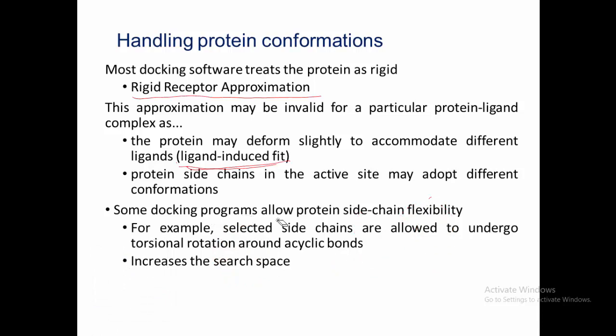Some docking programs allow protein side chain flexibility. For example, in software like Autodock, you can select side chains of some amino acids and ask the software to allow them to undergo torsional rotation around acyclic bonds.